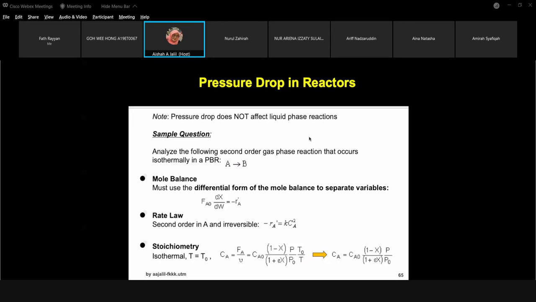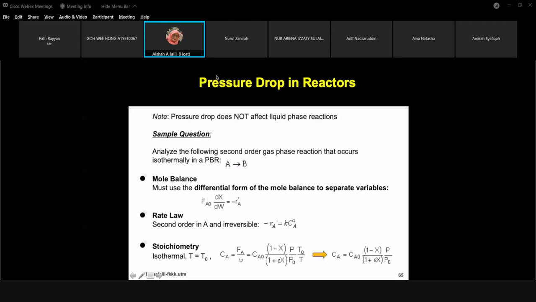Maybe because the liquid is almost incompressible. The molecules are too near, so it cannot be compressed. So there is no need to consider the pressure drop in liquid phase reactions.